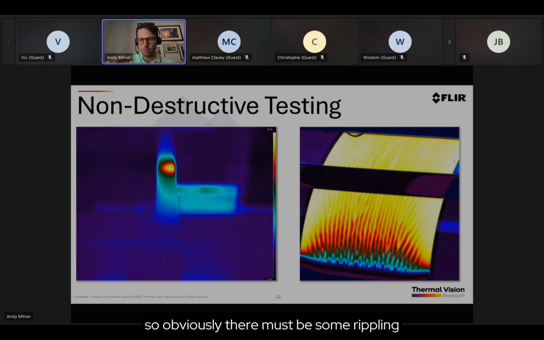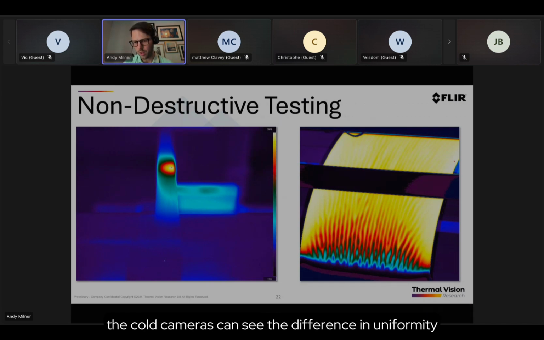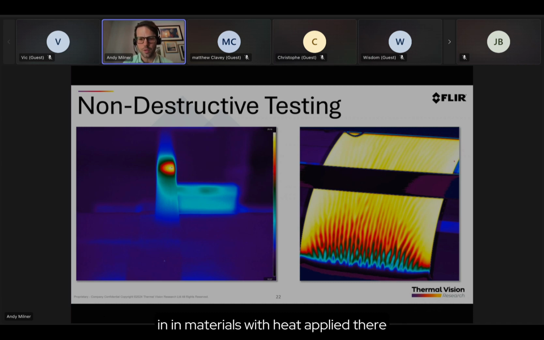There must be some rippling on that substrate, so it wasn't perfectly level. The customer actually knew it wasn't. It was a bad batch, so it was just a proof of concept that the camera would see that. We're talking about something less than a couple of millimeters thick, so very much down to micron thickness. The cooled cameras can see the difference in uniformity in materials with heat applied.